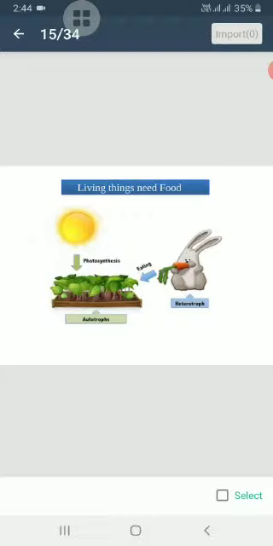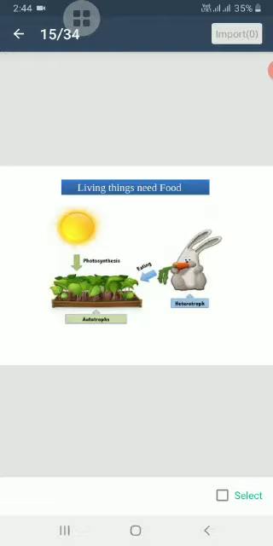Green plants make their own food in their green leaves. Plants are the only living things that prepare their food themselves. They do not move about like animals in search of food. Many wild animals get their food by killing other animals. Others eat only plants.